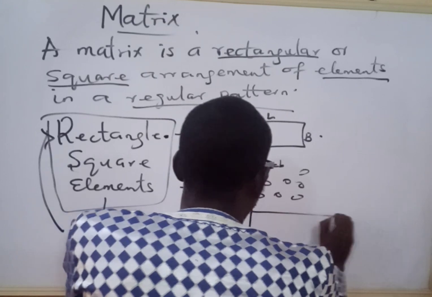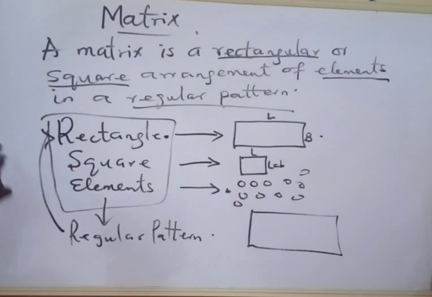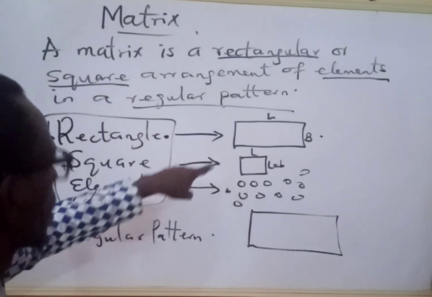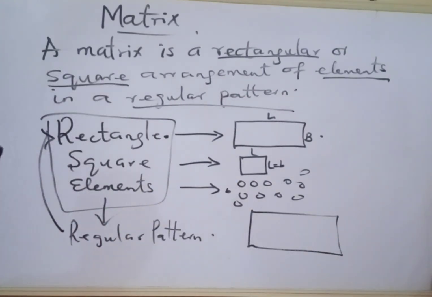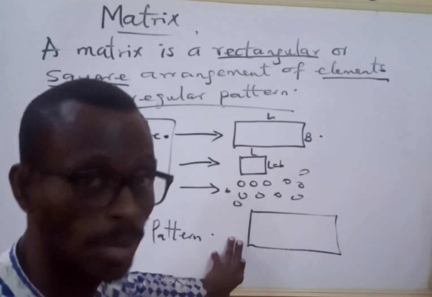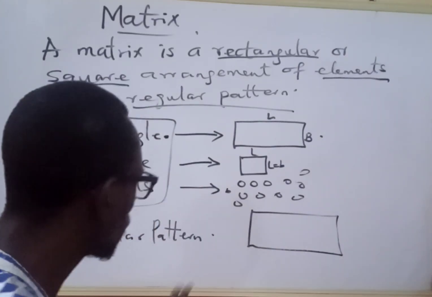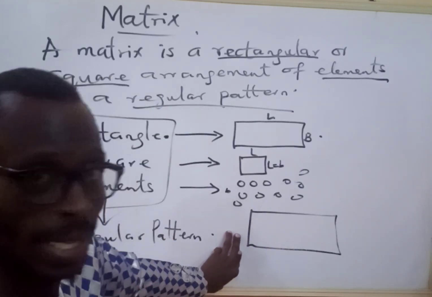This is a rectangle, we have said that. We are using the rectangle arrangement of elements in a regular pattern. And we have said the regular pattern has to do with a rectangular shape or a square shape. But at this point, we are treating the rectangular shape and the elements in the rectangular form.